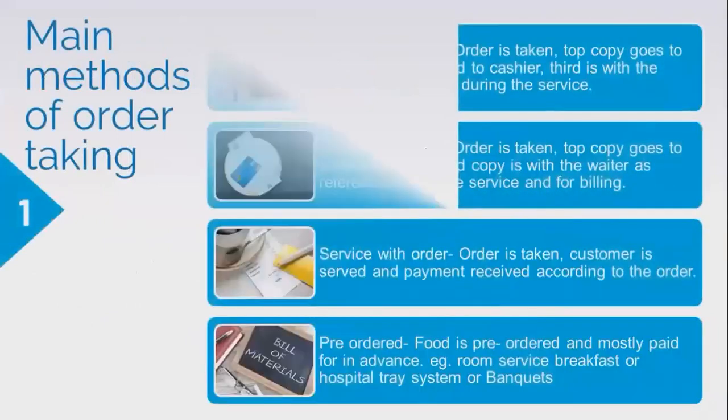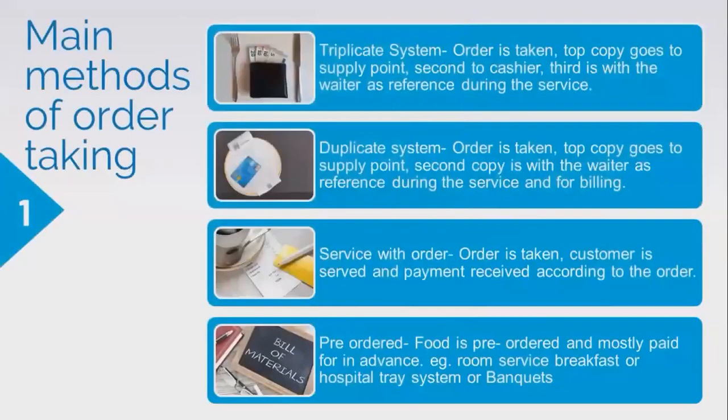Now let's understand main methods of order taking. The first one is triplicate system. As the name says, we are talking about 3 copies here. Here, the order is taken, top copy goes to the supply point, and the second is then sent to the cashier.